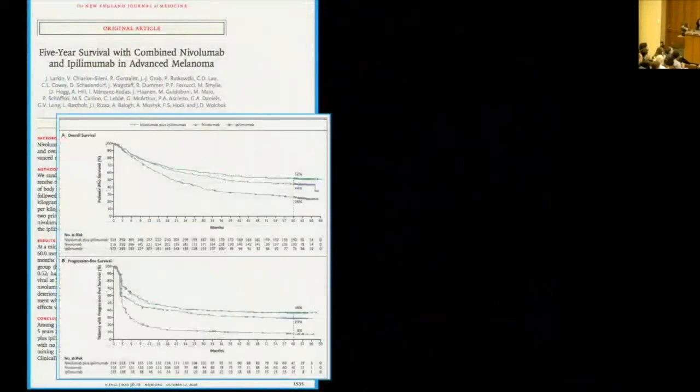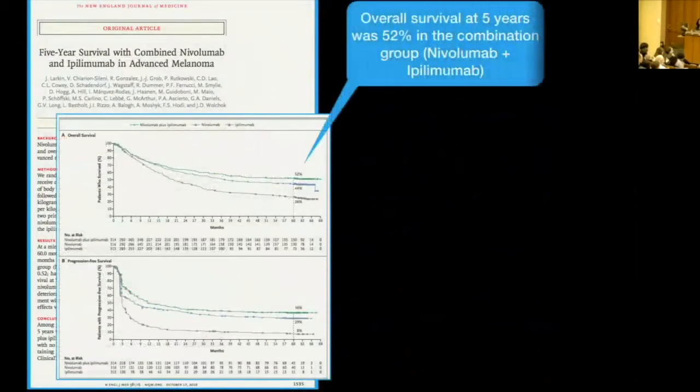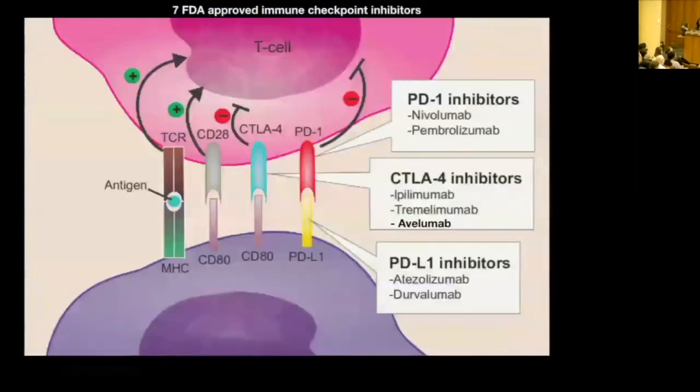Prior to the introduction of immunotherapy, the 10-year survival rate for metastatic melanoma was less than 10%. Survival rates for advanced stage 3 or 4 unresectable metastatic cutaneous melanoma are even better when combination therapy is employed. The 5-year data was recently published, demonstrating that the overall survival of advanced metastatic melanoma was 52% in the combination group of nivolumab and ipilimumab. There are currently 7 FDA-approved immune checkpoint inhibitors.